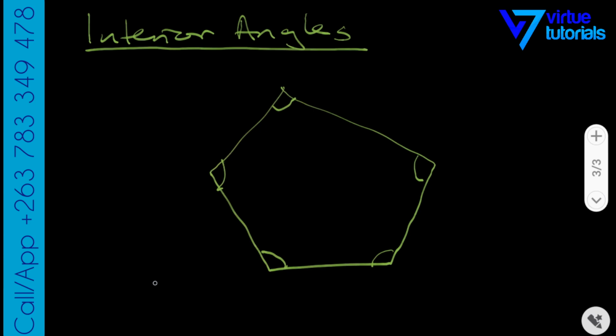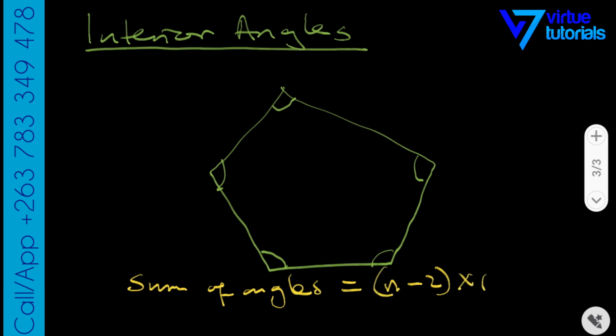The theorem says the sum of angles, which is the interior angles, is equal to n minus 2 times 180 degrees. In this case, n is number of sides or angles.